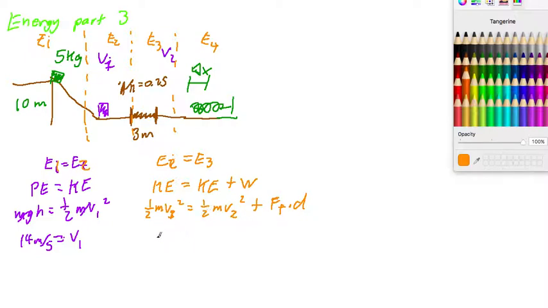So let's move this to the other side. 1 over 2 mv1 squared minus force of friction times d equals 1 over 2 mv2 squared. All right, now let's multiply by 2 both sides to get rid of this right here. Multiply by 2 the whole thing, and then divide by m, right?